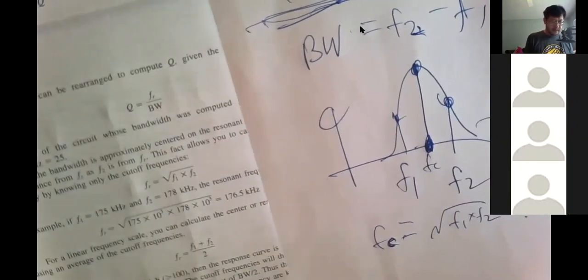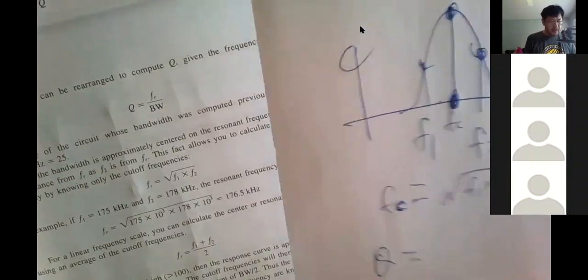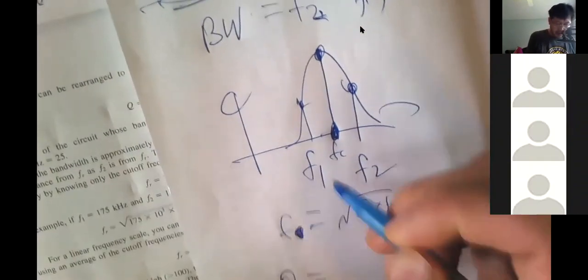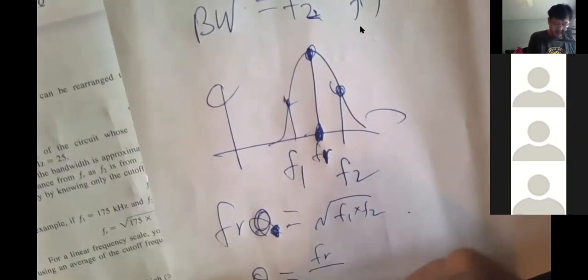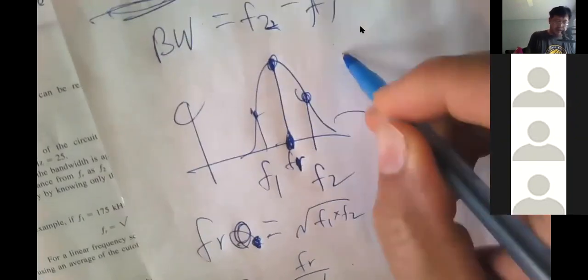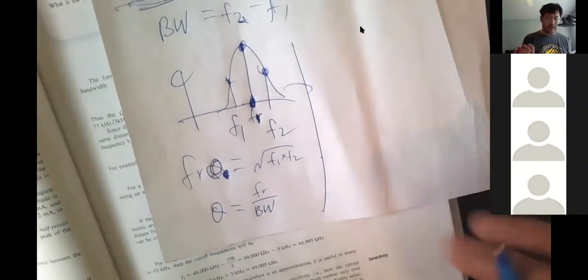Third, we're interested in the quality. For the definition of quality, I use FR, the resonance frequency. So these three equations summarize everything you want to know about a tuned circuit.